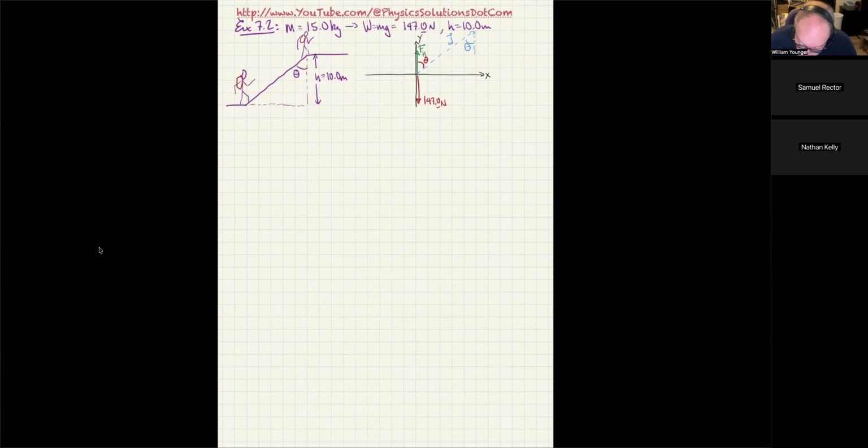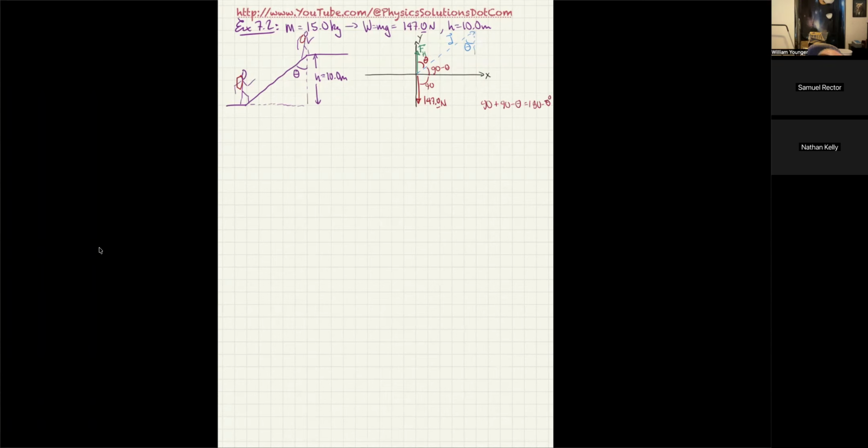And we can also make sense of this if we put the displacement vector tail to tail with the weight vector. We'd see that this angle right here is 90 minus theta, and then this angle is 90 degrees. So the total angle here is 90 plus 90 minus theta, which equals 180 minus theta degrees.